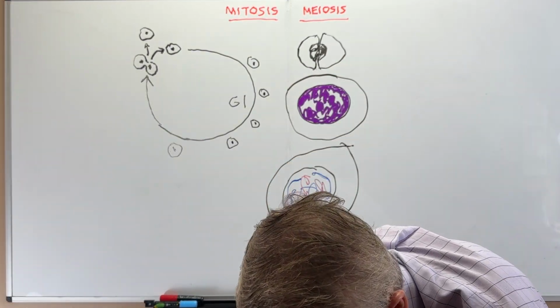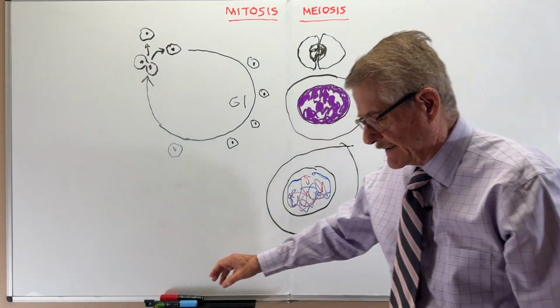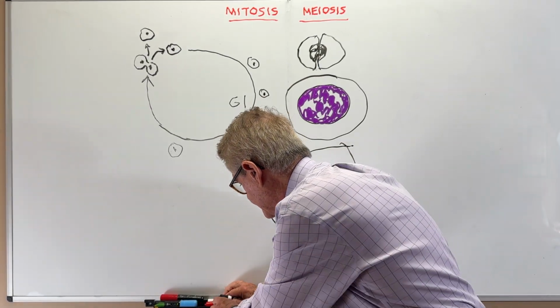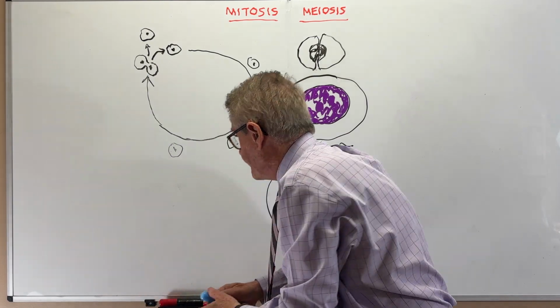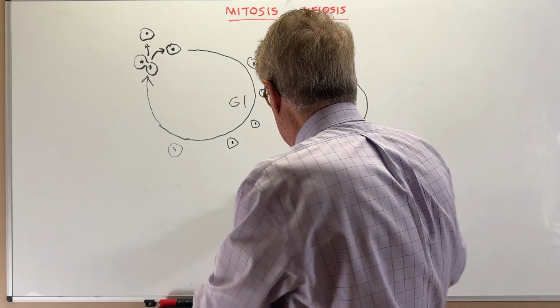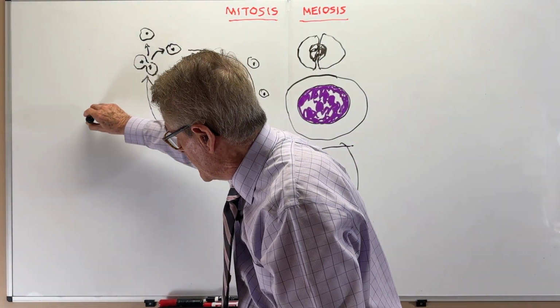Now, what do chromosomes look like? Let's just remind ourselves. I have too many markers here. Okay, one chromosome, if you met it in interphase like this, would look like this.